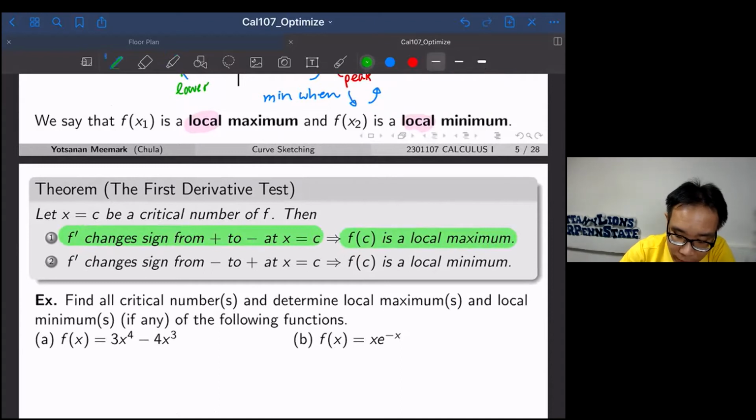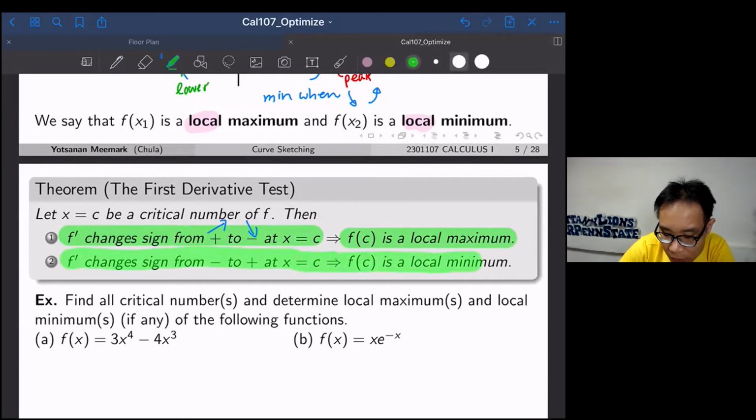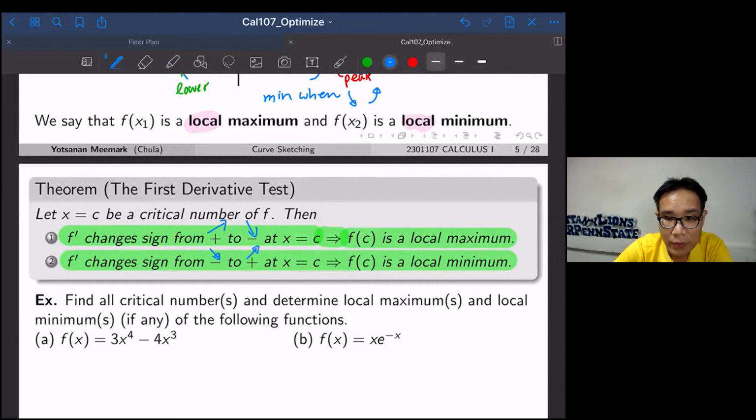The picture I will draw for you is this one, just an arrow, so you see pretty clearly that it's a local maximum. If the sign changes from negative to positive, it's a local minimum, from this to this. So that is local maximum and local minimum.